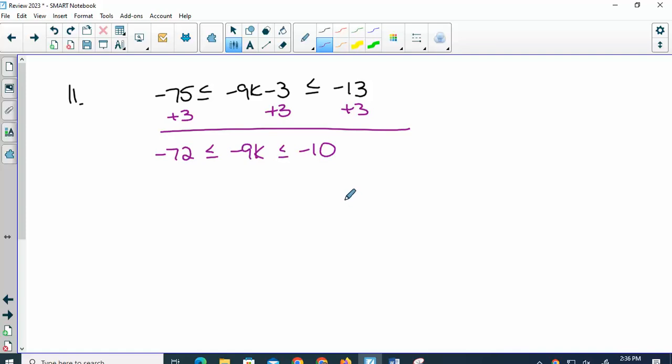And, oh, did I copy my problem down wrong? I did. Sorry. Okay. So then if you add 3, that'd be -36. Divide by -9, so what happens? We divide by a negative, flips all of the inequalities.